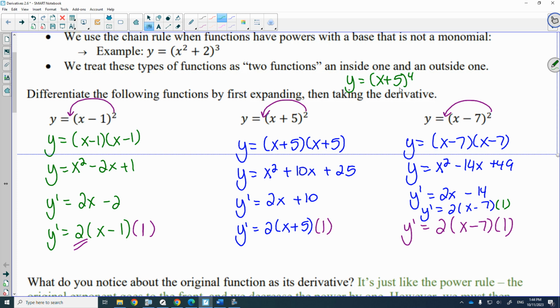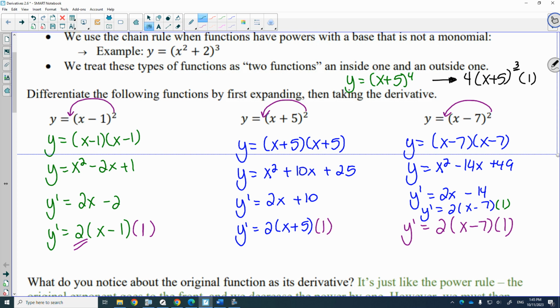So what do you guys think the derivative based on what we've done so far for this one would be? Anybody want to guess? It's going to be 4(x plus 5). Now this one's actually going to have an exponent here. Think about the power rule. It's going to have a 3 here. And then there's going to be a 1. What's that?